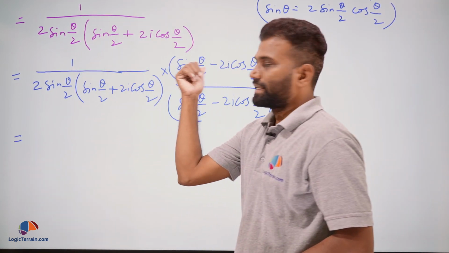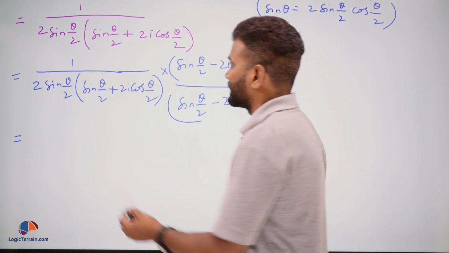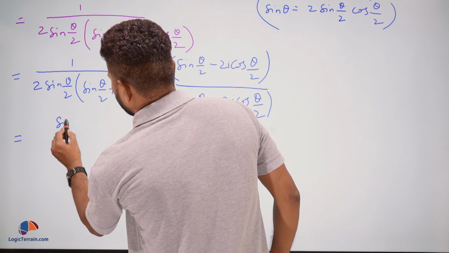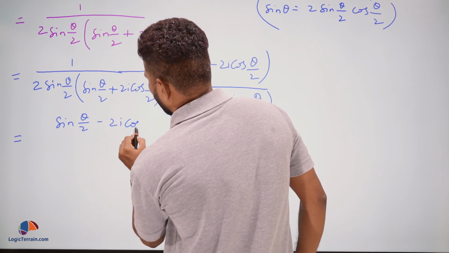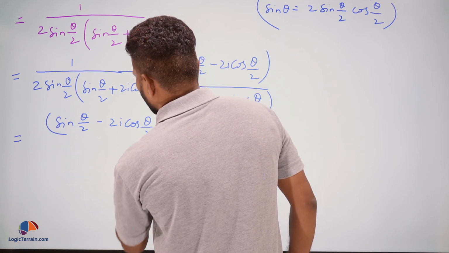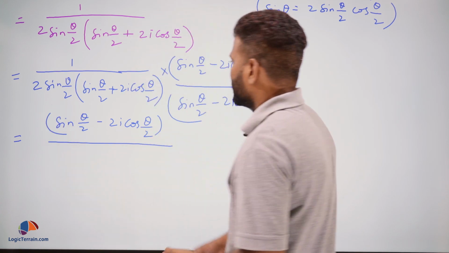So on multiplying numerator into numerator and denominator into denominator, we'll get sin theta upon 2 minus 2i cos theta upon 2 upon here.